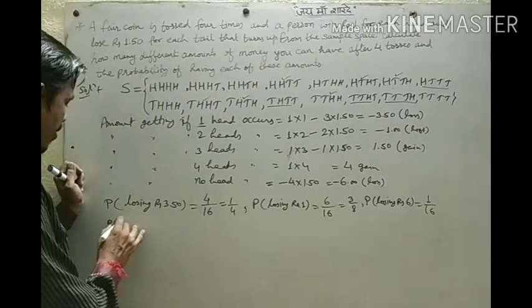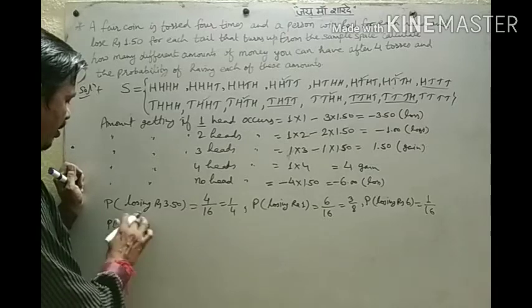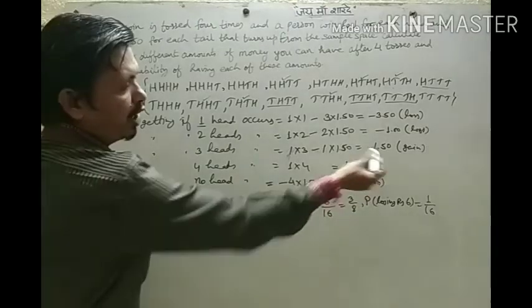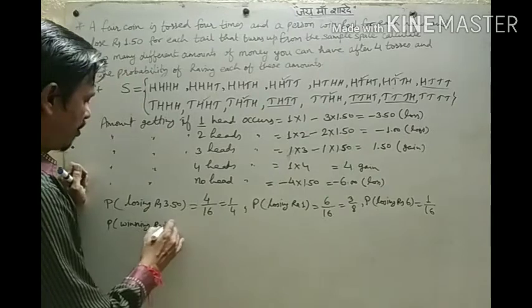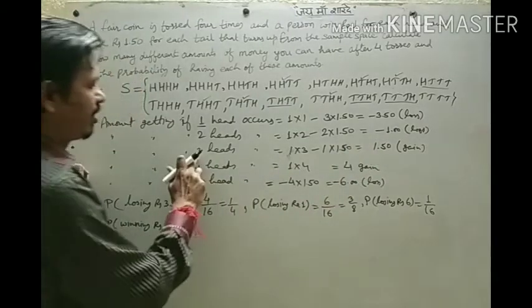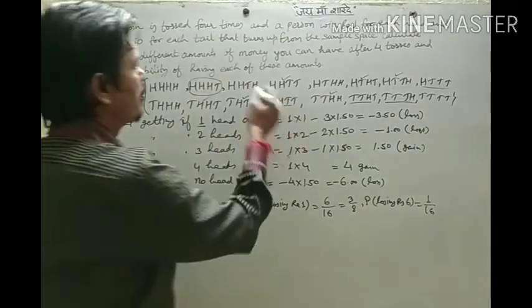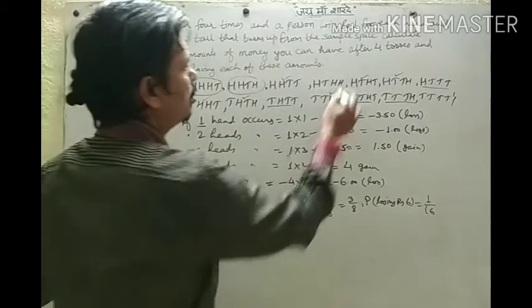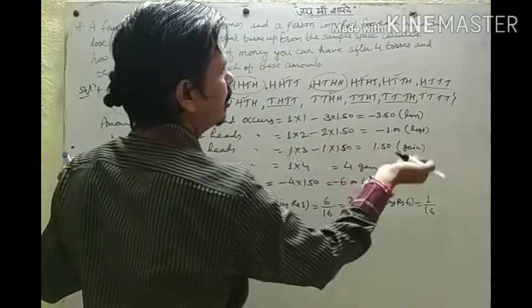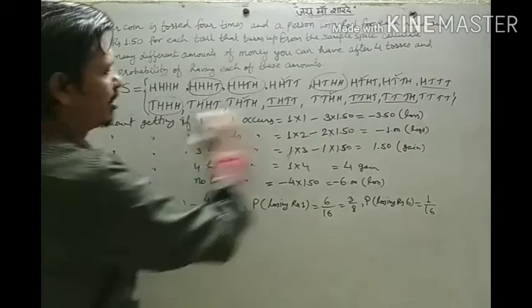Then the probability of winning 1.50 rupees. 1.50 rupees means 3 heads. 3 heads occur 1, 2, 3 and 4 times. 4 times we are getting 3 heads.